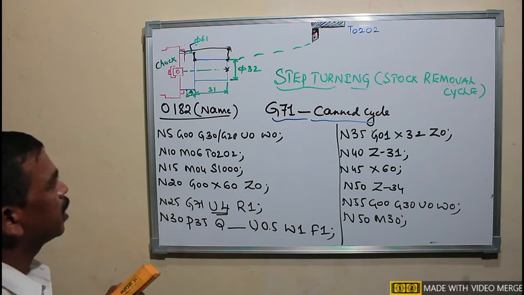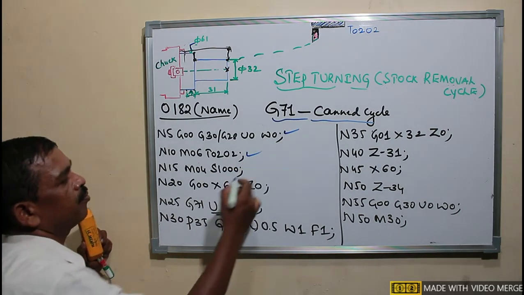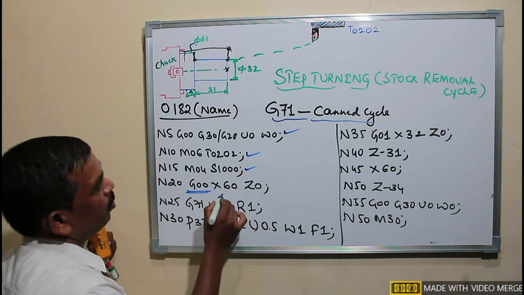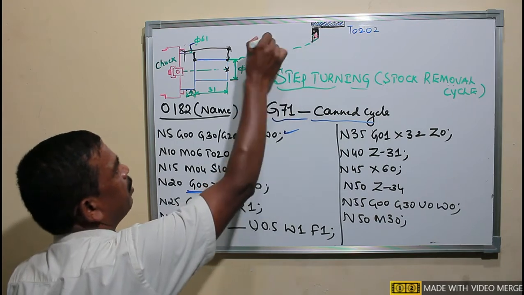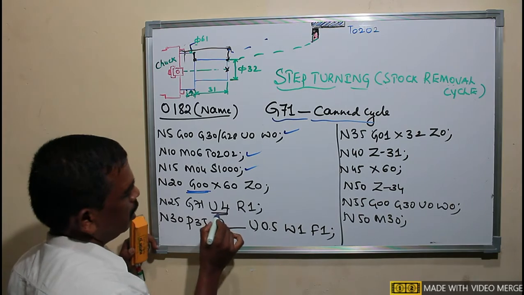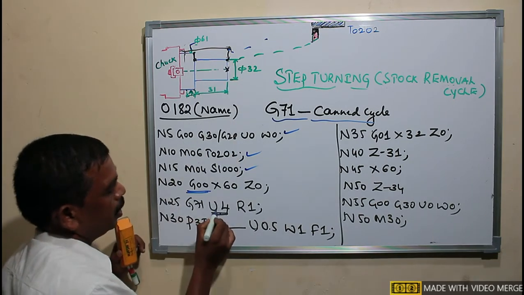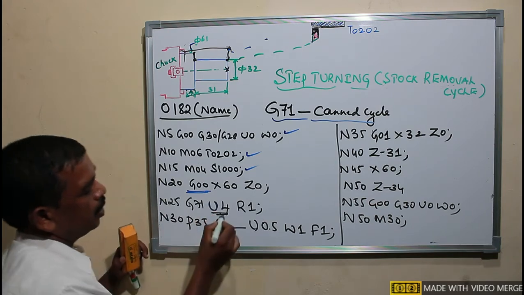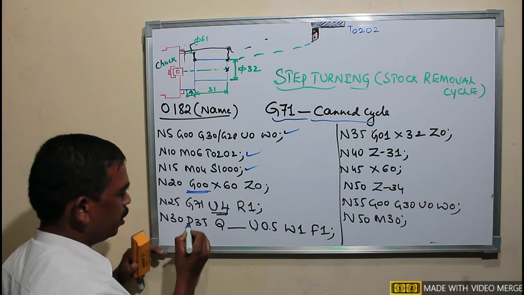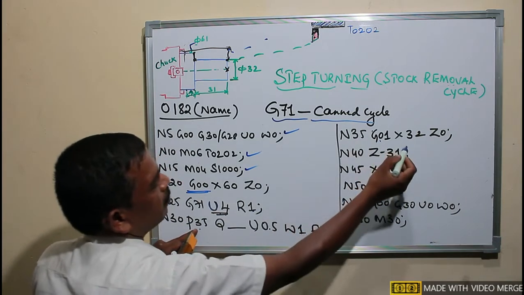See here, this is homing, this is tool changing, and then workpiece rotation, rapid movement. The tool will move rapidly from here to here, and then this number is the contour starting point. This is the depth of cut along the x-axis, and this is the retract, and then P is 35 because the contour is starting from here.